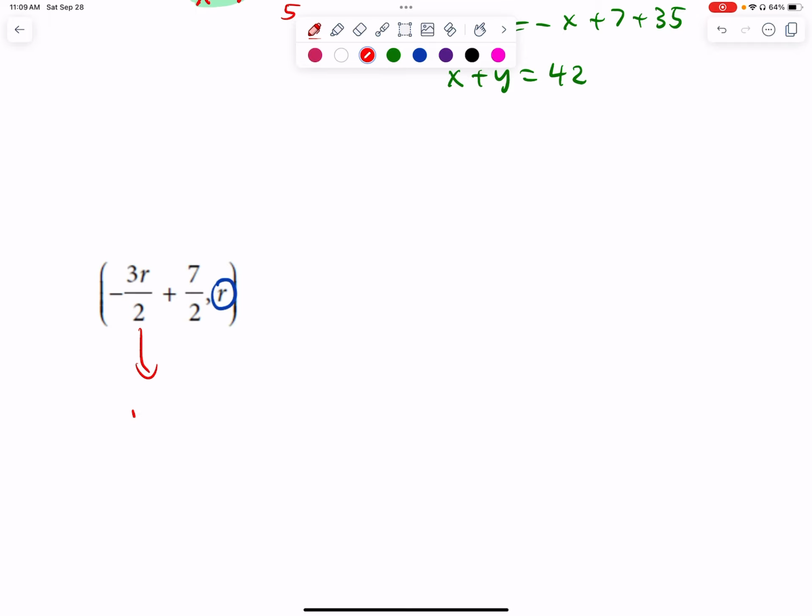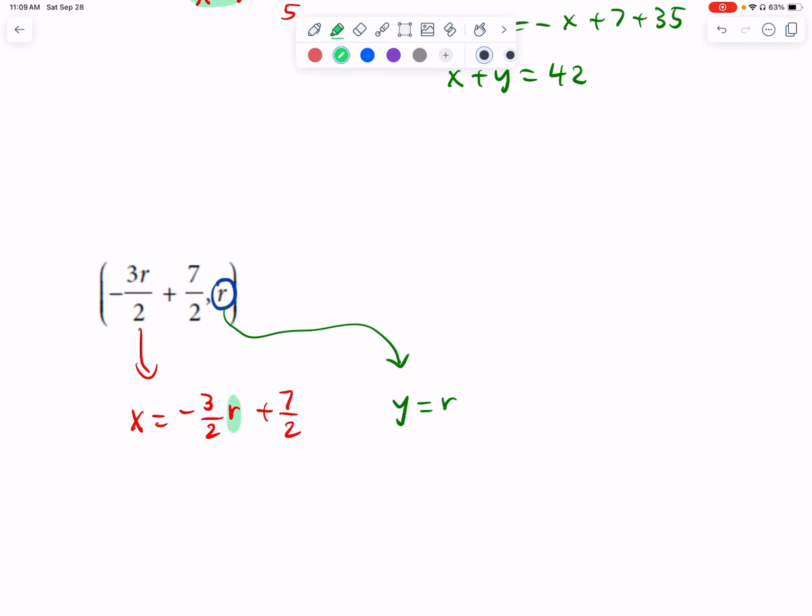If I do it exactly the same way that I did before, we'll say that this thing right here is our x is equal to negative 3 over 2 r plus 7 over 2. And then for the other one, y is just simply equal to r. So notice that there is an r in the first equation. I can just take it out and replace it with y because it's the same exact thing.